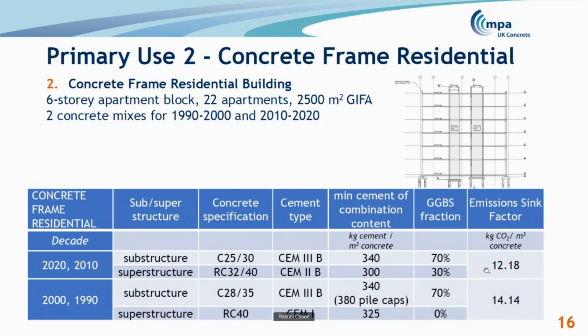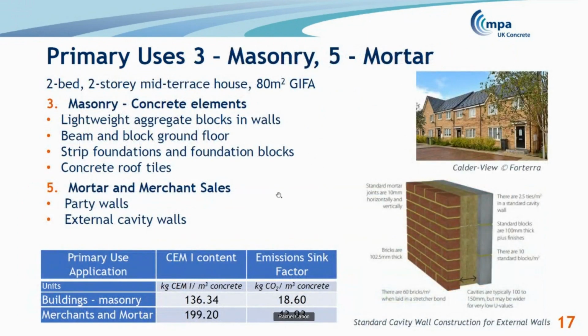So the emission sink factor is slightly lower for recent decades, at 12.18 kilograms of CO2 per meter cubed of concrete, whereas going back to 1990 or 2000, it will be 14.1 kilograms of CO2 per meter cubed of concrete.